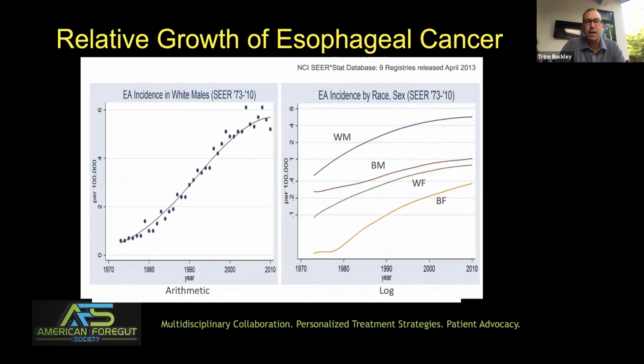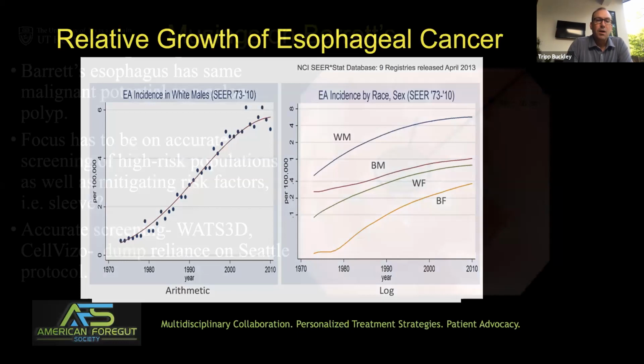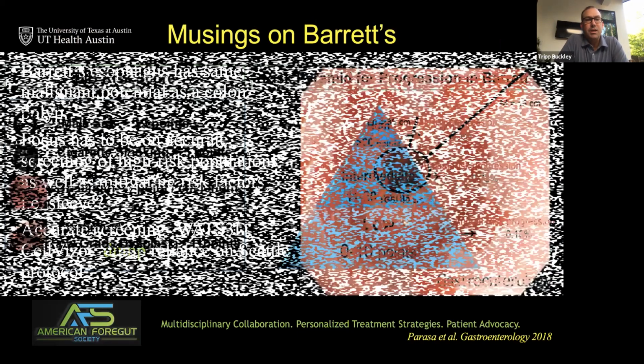This is some SEER data, and I think this highlights the fact that white males like myself are at increased risk for esophageal cancer. By sex and race on the right, white males are much higher, then black males, white females, and then black females. I'm going to skip right through that so we can keep moving along.